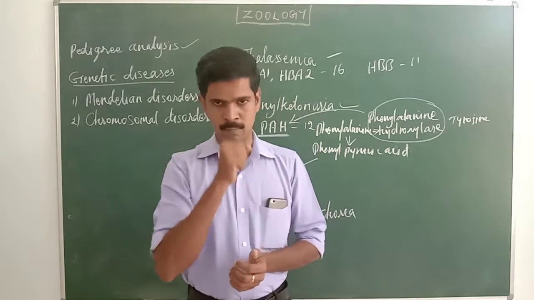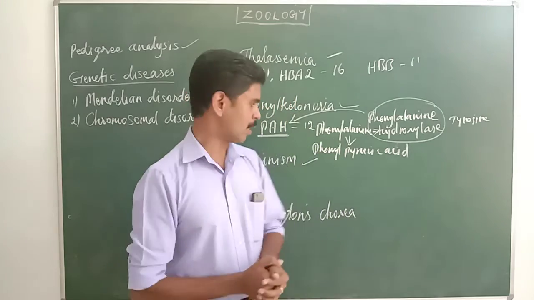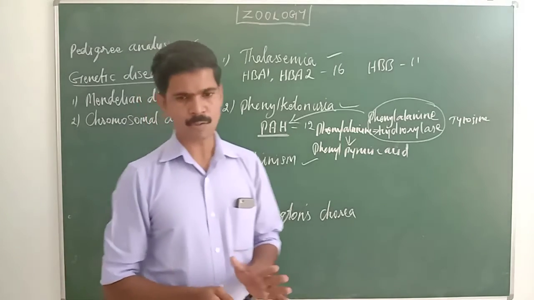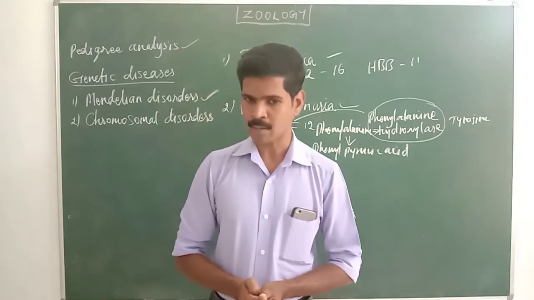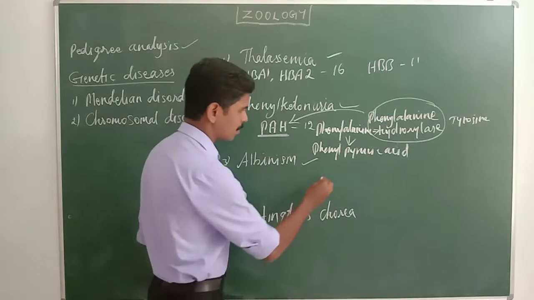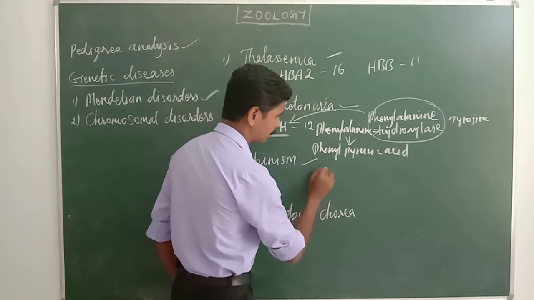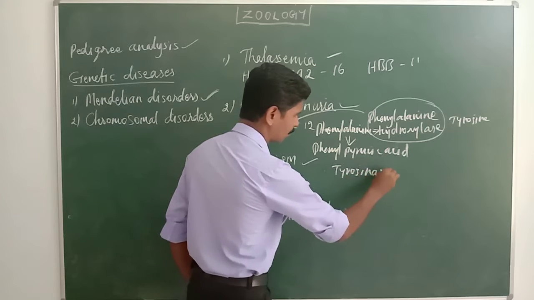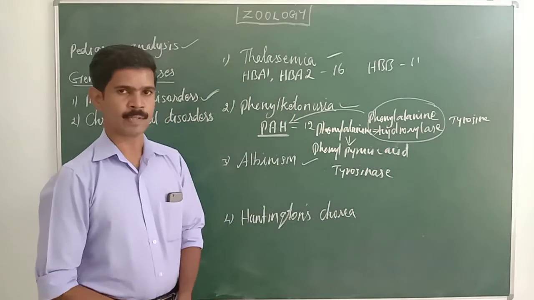So listen very carefully, dear students. Now we are studying this albinism disease. Here also there is one enzyme. The name of the enzyme is tyrosinase.